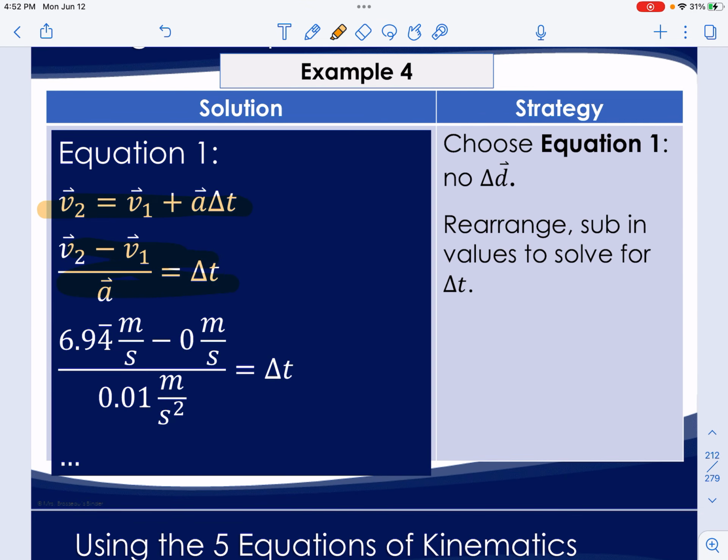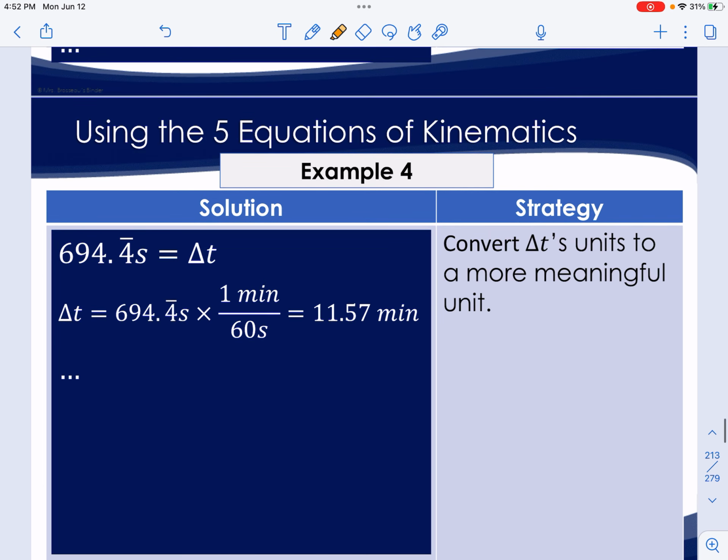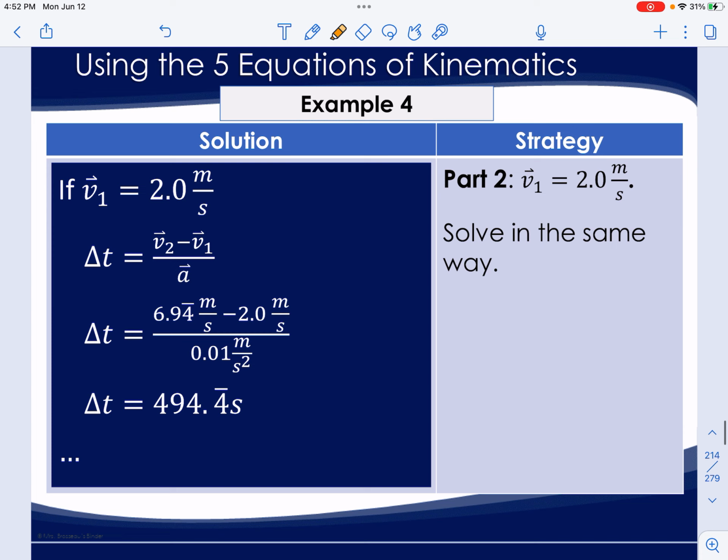And then you plug it in, and your result would be 694.4 seconds, but that's really large, and so obviously we'd want to make that a little bit more attainable. Like, what is 694 seconds? It's hard to think what that is. So you can convert that into minutes by multiplying it by 1 minute divided by 60 seconds, and you get 11.57 minutes. That's a little bit more meaningful.